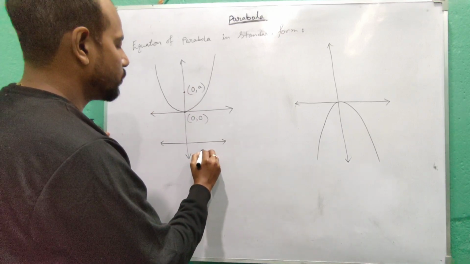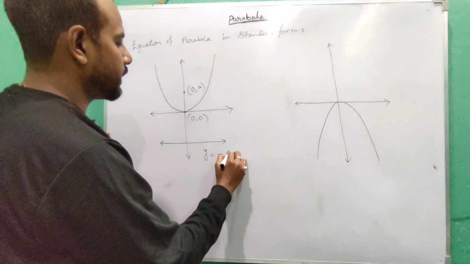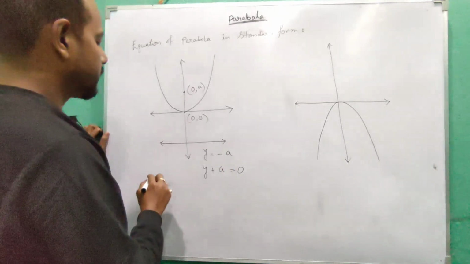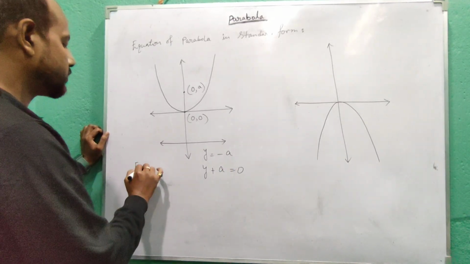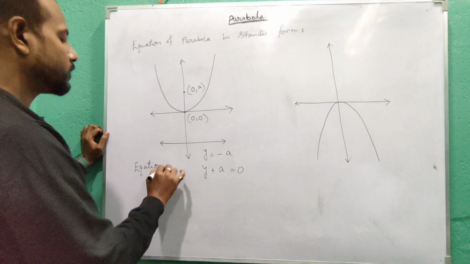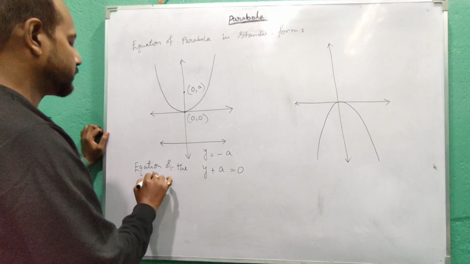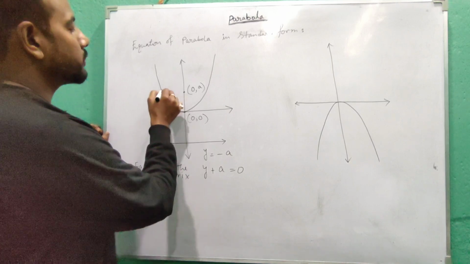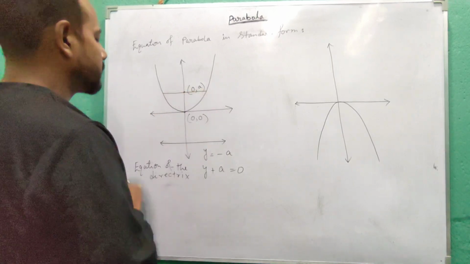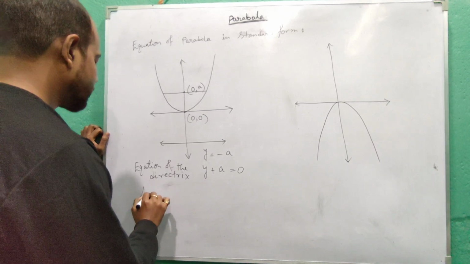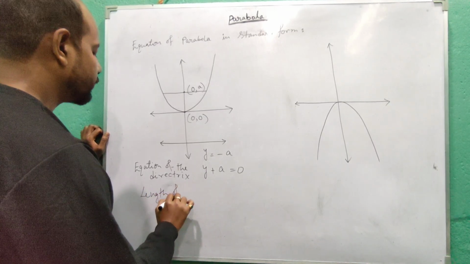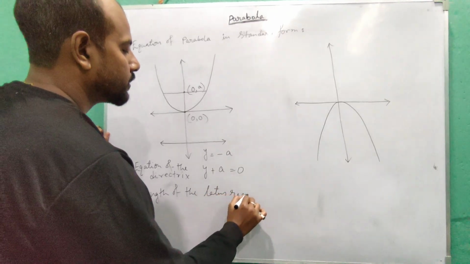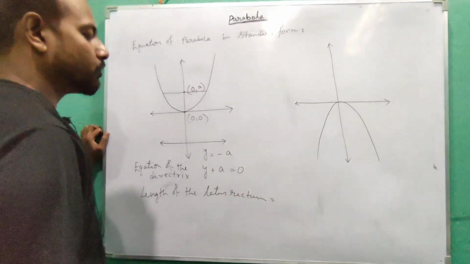So, it will be y equal to minus a, that means y plus a equal to 0. The length of the latus rectum will be 4a.